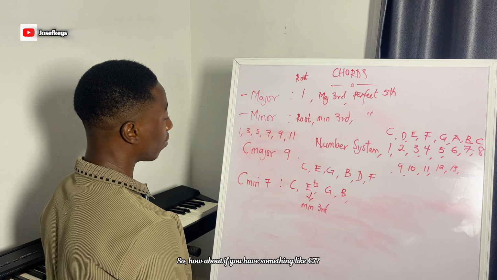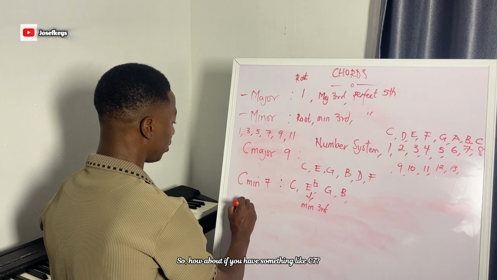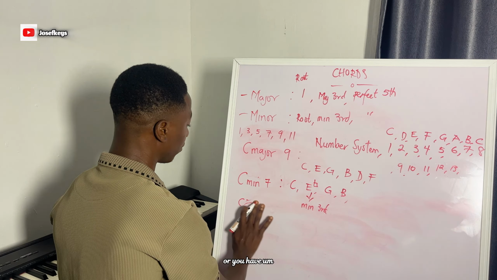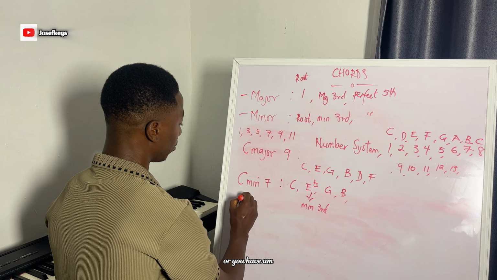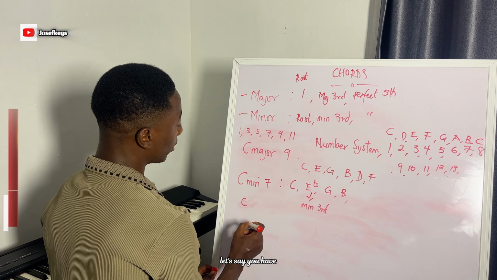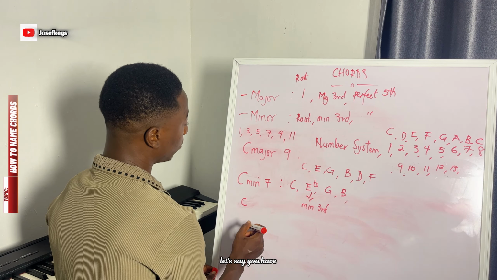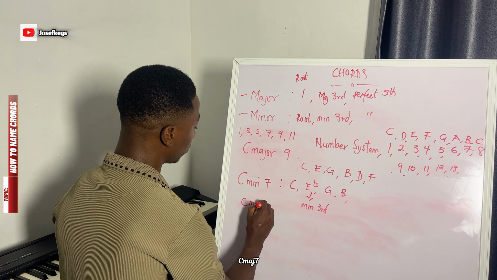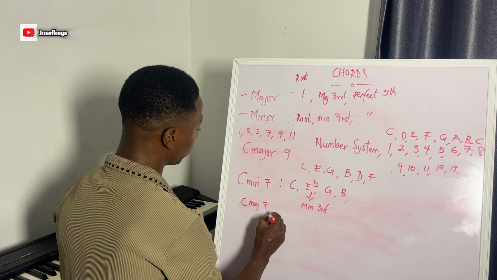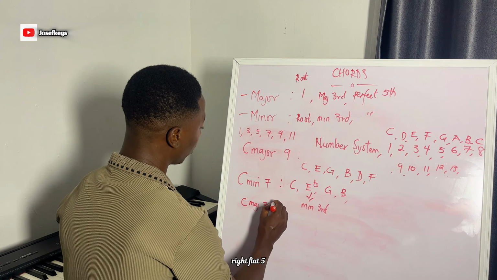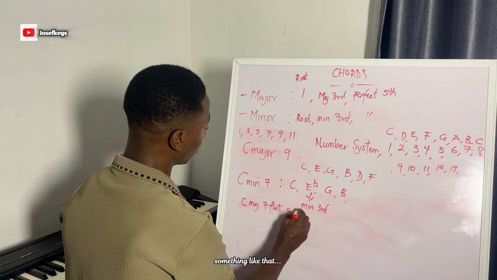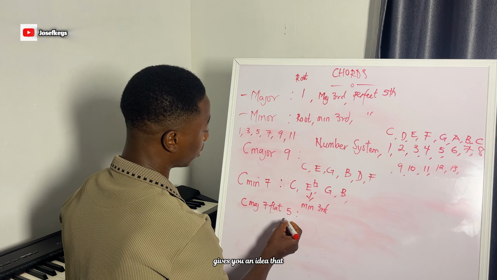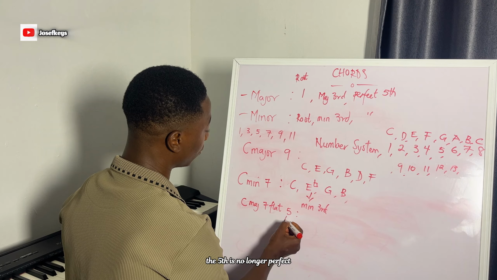So how about if you have something like C major 7 flat 5? How do you come about this chord? Of course, this already gives you an idea that the fifth is no longer perfect.